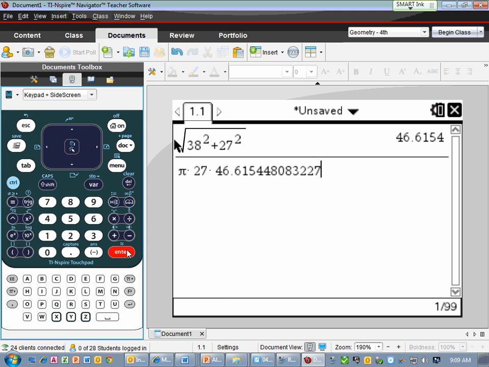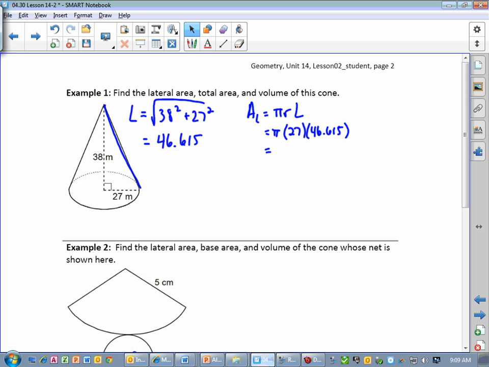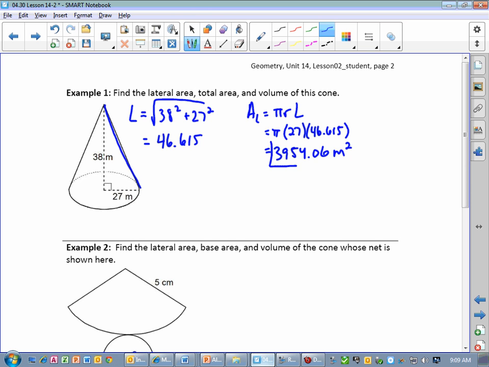That's because I pretty much always do this. I type as little as I can in my calculator. I'm all about efficiency. So here's my answer, 3954.06, in square meters. So there is our lateral area.